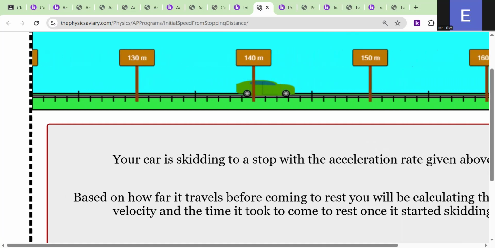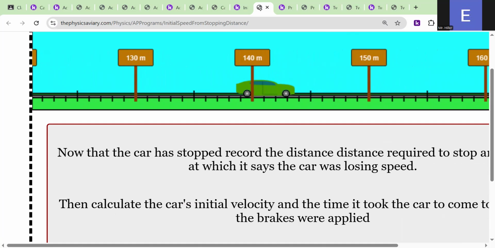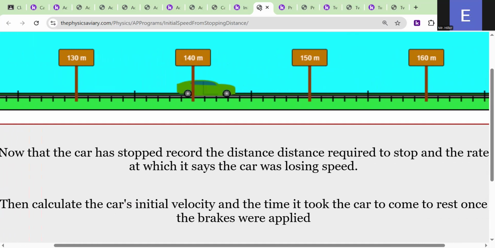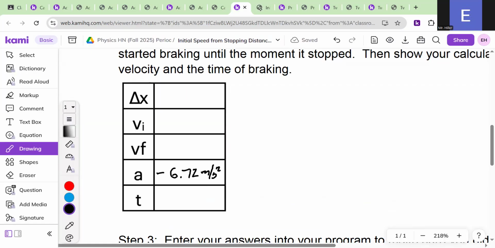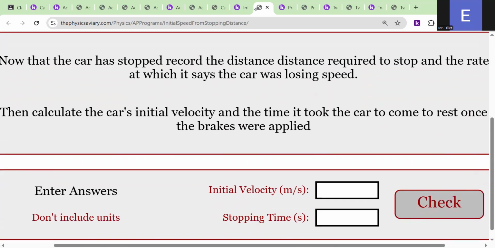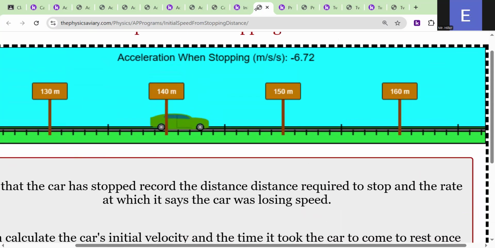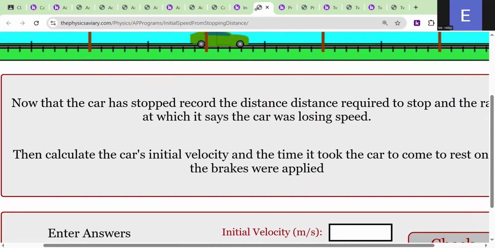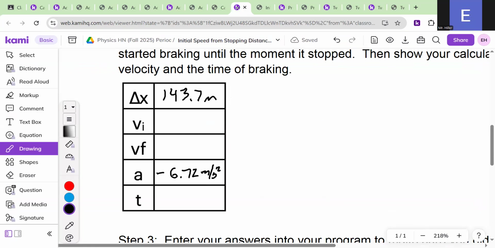Okay, so we need to figure out the displacement from the picture. And from the picture, it looks like for mine, it's about 143.7, somewhere around there. Now it gives me also my final speed. My final speed would be 0, okay, because I'm coming to rest.